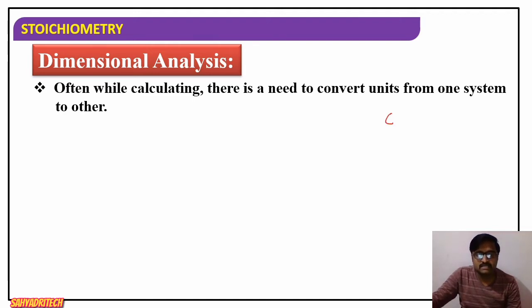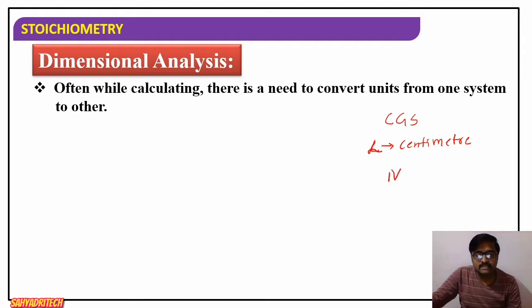For example, in the CGS system, length is expressed in terms of centimeter. According to the CGS system, length is expressed in terms of centimeter.